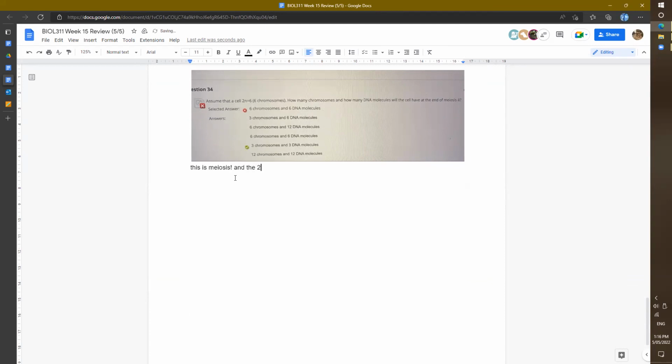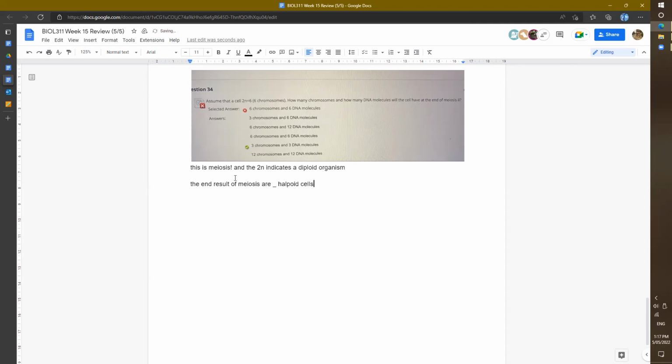Yes, the N gametes have half the number of chromosomes and DNA as our parents. If we want to know how many chromosomes and how many DNA molecules we have at the end of meiosis, once all of meiosis is over, what we started with just gets halved.